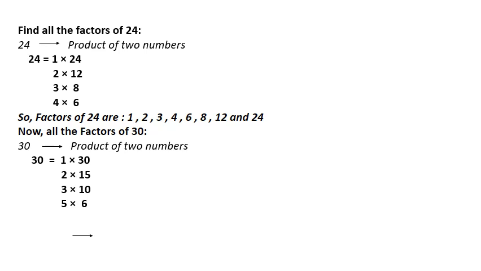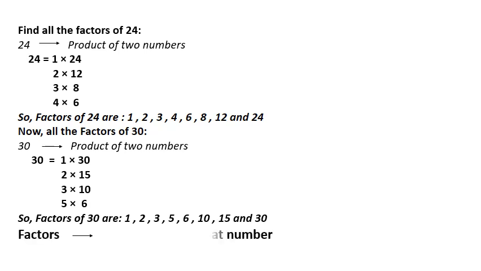So if 6 is covered, then the numbers which come after 6 are also covered. It means we have got all the factors of 30. So here you can see that the factors of 30 are 1, 2, 3, 5, 6, 10, 15 and 30.